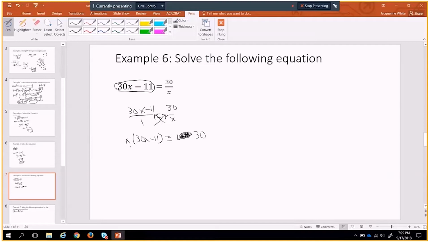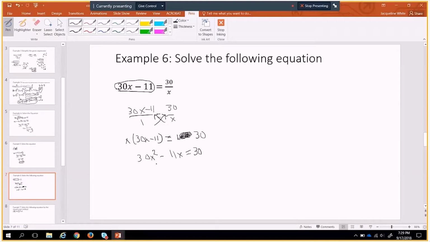Let's distribute that x inside, right? And x times 30x is going to be 30x squared, all right? x squared now. So we're dealing with some factoring problem. All right, so x times negative 11 is going to be negative 11x, and that's all equal to 30, okay?